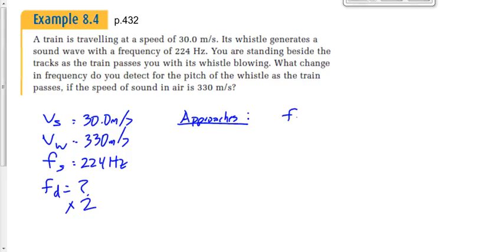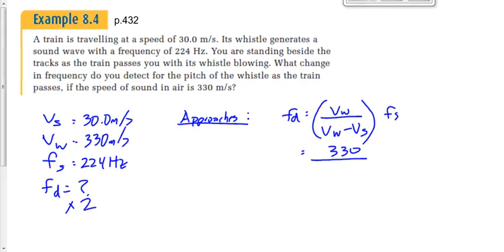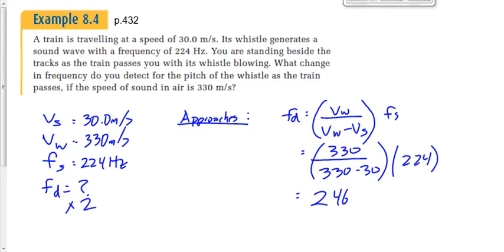I'm going to say FD is equal to VW over VW minus VS times FS. 330 divided by 330 minus 30 times 224. 330 minus 30 is 300. 330 divided by 300 is 1.1, times 224 is 246.4 hertz.